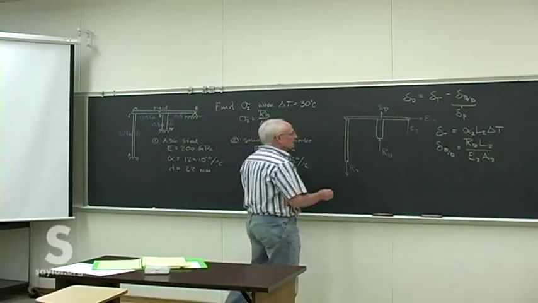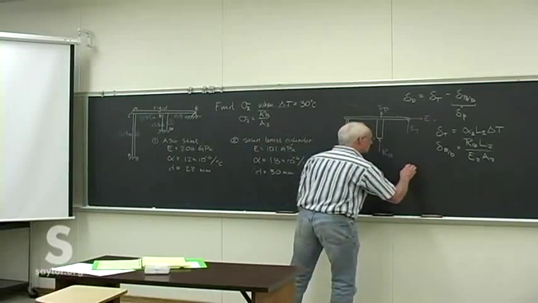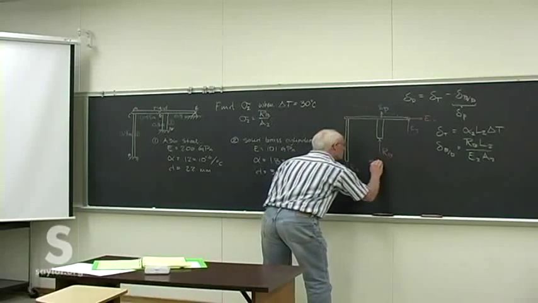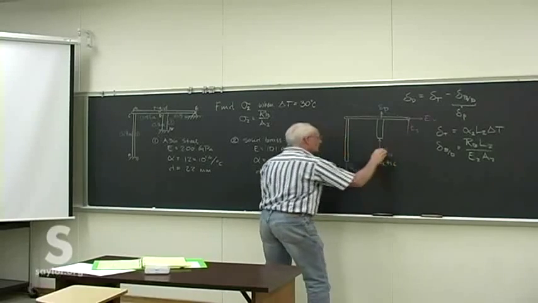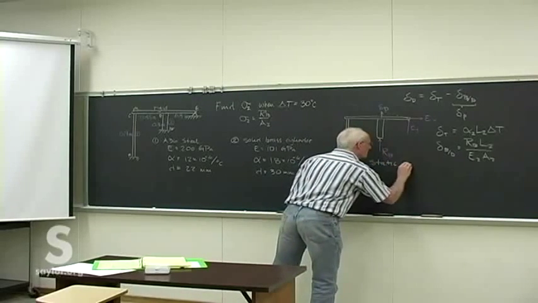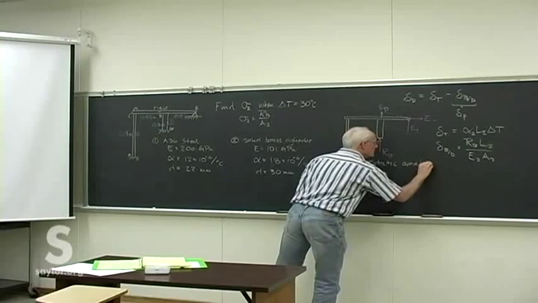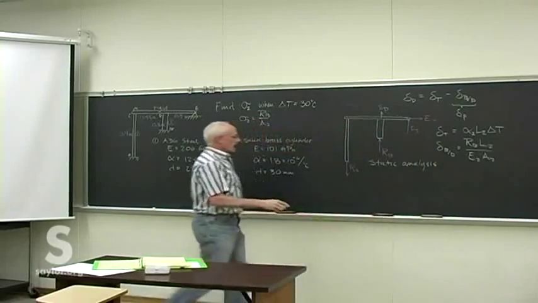You can also do a static free body diagram to at least get the ratio between RB and RS.